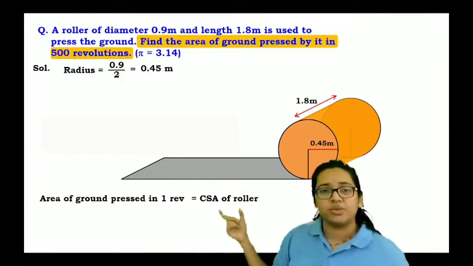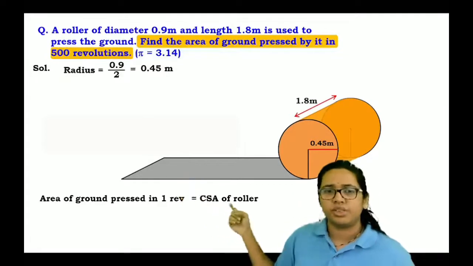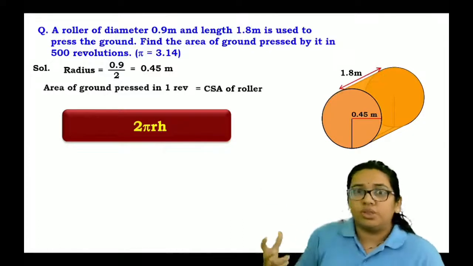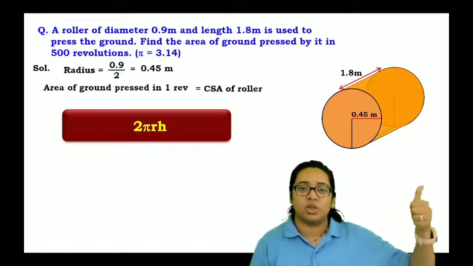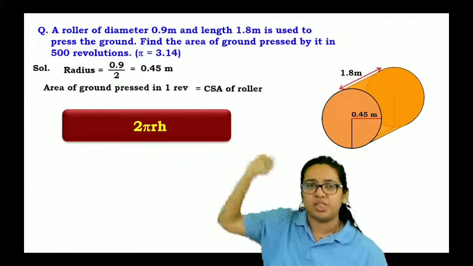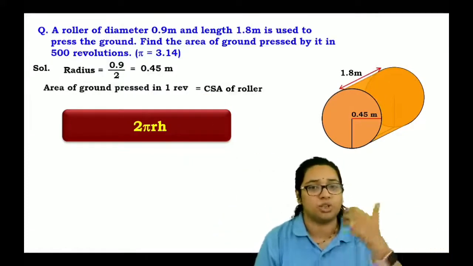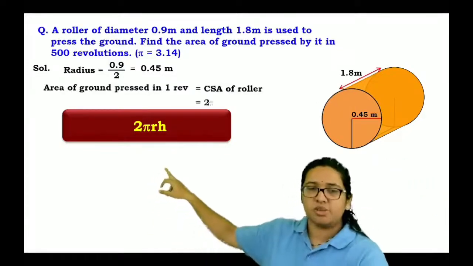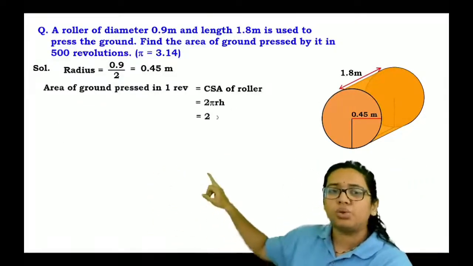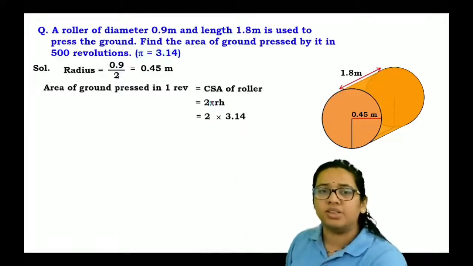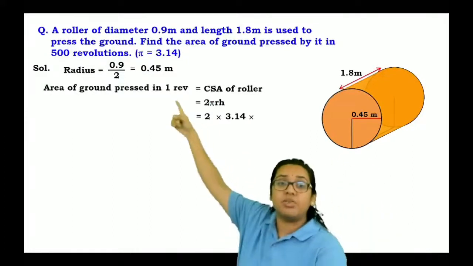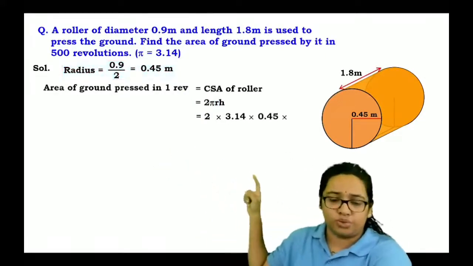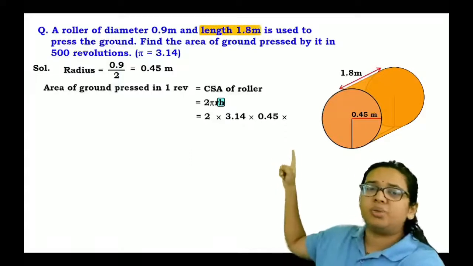It is nothing but the curved surface area of the roller. That is, the curved surface area of the roller is nothing but 2 times pi r h. So already we have the value of r, which is nothing but half of the diameter, which will be 0.45, and h is given as 1.8. Hence, 2 times pi r h is nothing but 2 into 22 upon 7, or yes, it is given that take the value of pi as 3.14, into r, which is 0.45, into h, which will be 1.8.